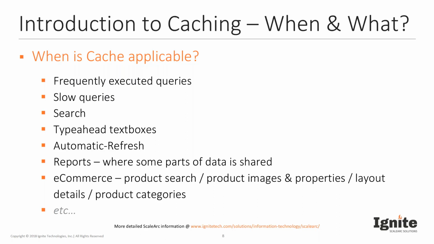A lot of times, this data can actually be cached as well, and that allows this reporting engine that perhaps has a very tight SLA to generate hundreds of thousands of reports to mitigate running a lot of unnecessary repeatable queries, and then just run the queries that differentiate the reports, and every other shared query would be returned from cache. So this is another situation. I've already touched on e-commerce. Of course, any product searches, layout details, product categories, drop-downs, those kinds of things can be cached.